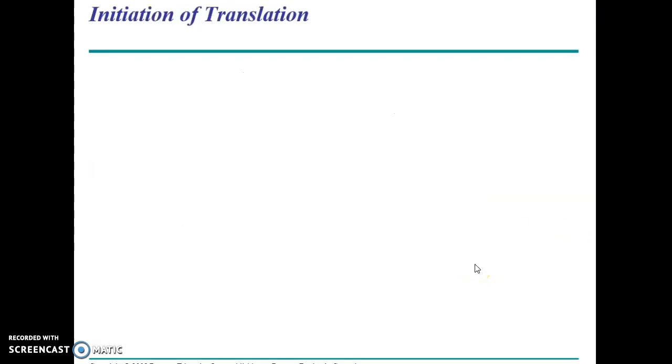So our next one is initiation of translation. Again, we're still under level 3, but this is another place that the cell can control protein product production. This is looking at, does the cell translate mRNAs whenever they are available, or do ribosomes translate RNA all at the same time?